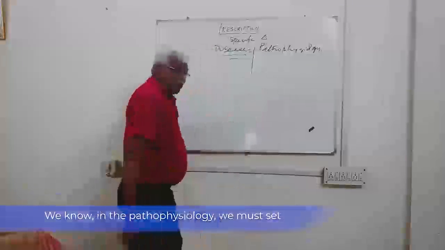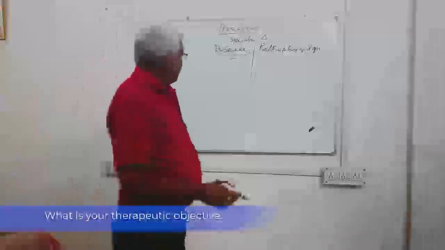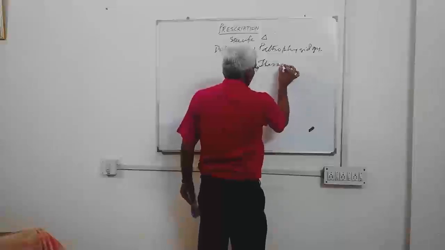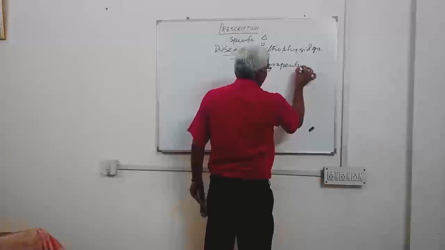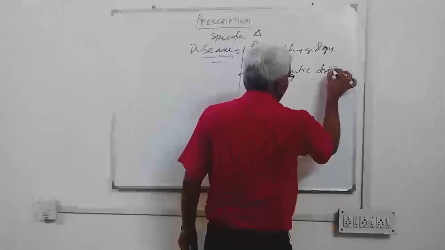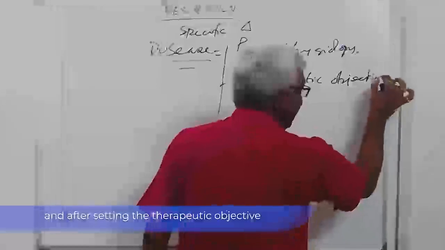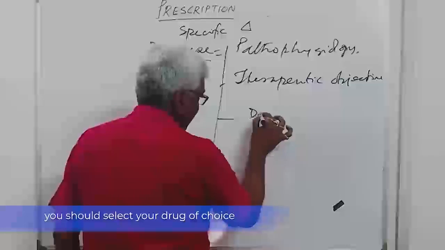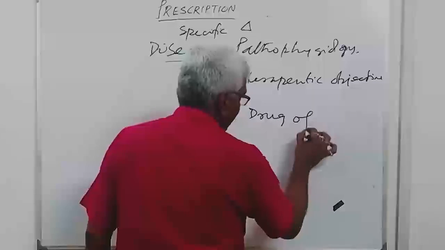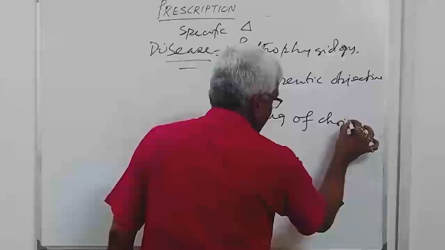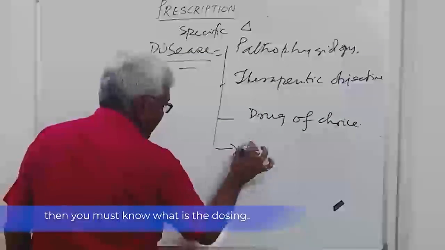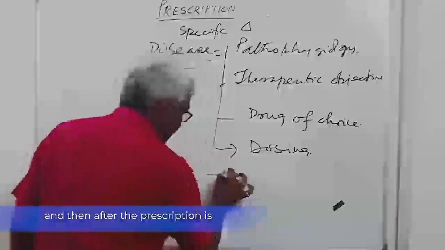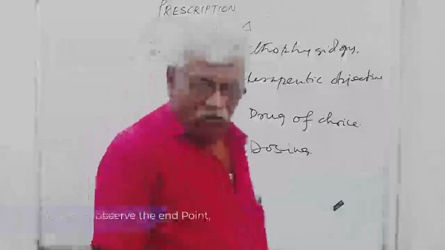Knowing the pathophysiology, you must set your therapeutic objective. After setting the therapeutic objective, you should select your drug of choice. Then you must know the dosing. Appropriate dosing has to be done.